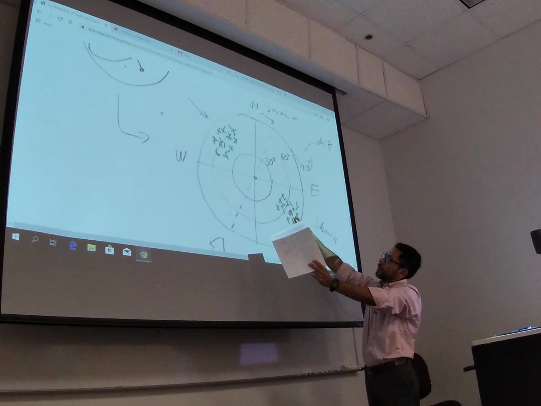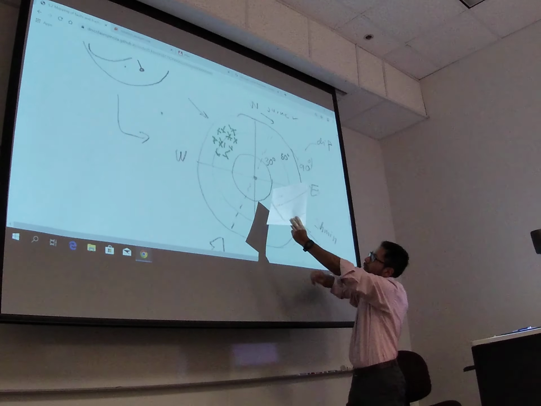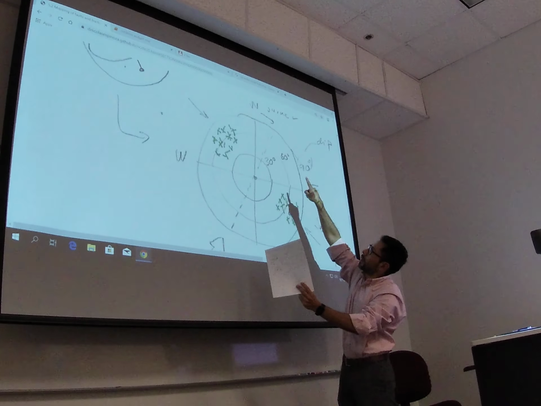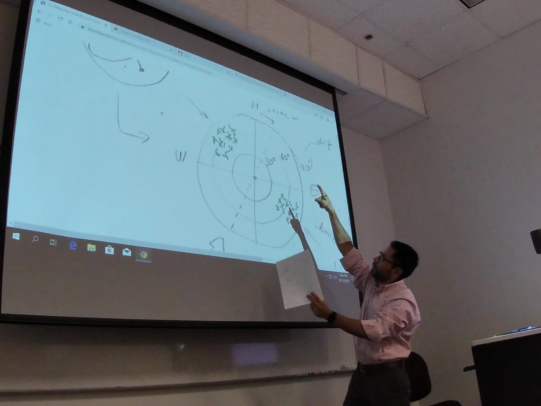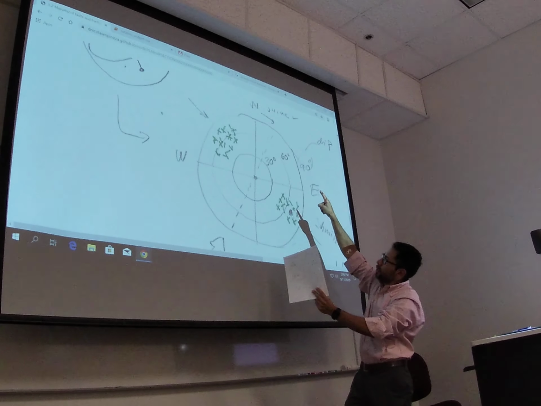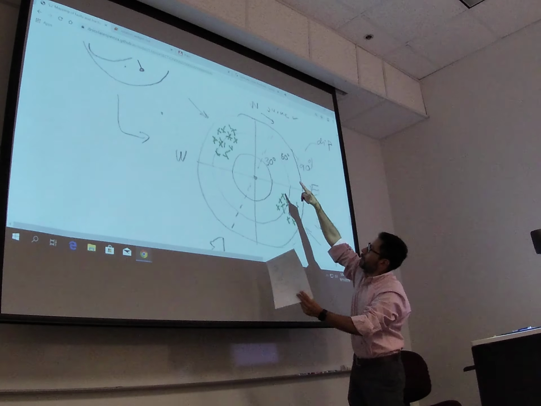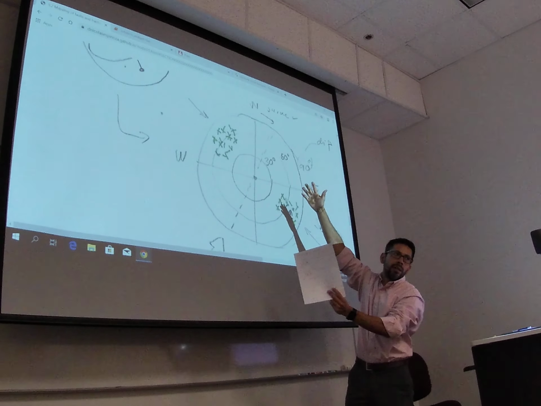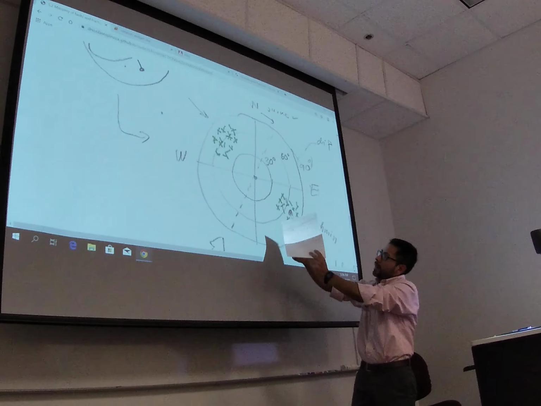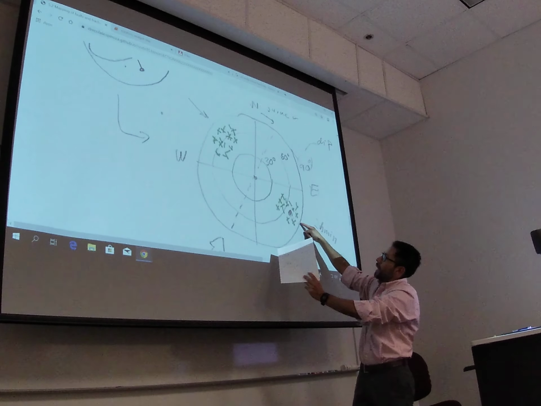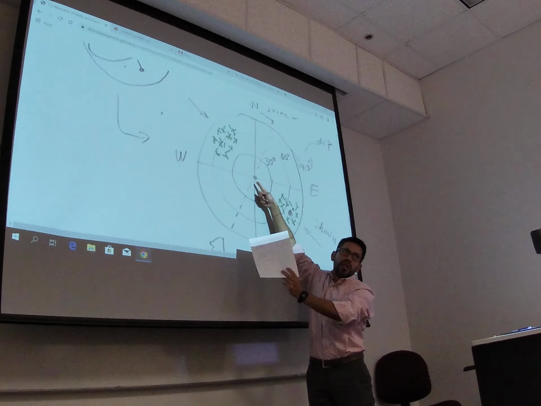Let's look at this point. The strike is going to be given by how far this is from over there, from the north. And in this case, the strike is this angle minus 90, which may be 30 degrees now. And the dip is going to be how far this point is from the edge to the center.